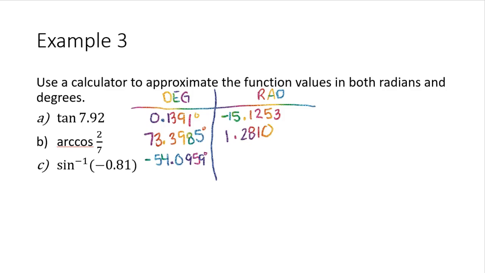And then the last one, the inverse sine of negative 0.81. So it is second sine, negative 0.81. We're in radians. Enter. And I get negative 0.9442.